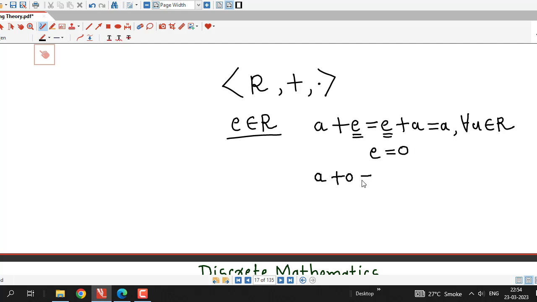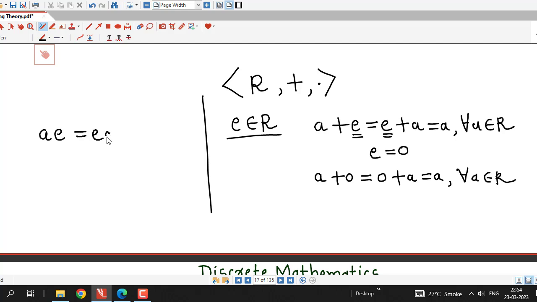And for multiplication we must have A times E equal to E times A equal to A, and this must be true for every element in the given ring.